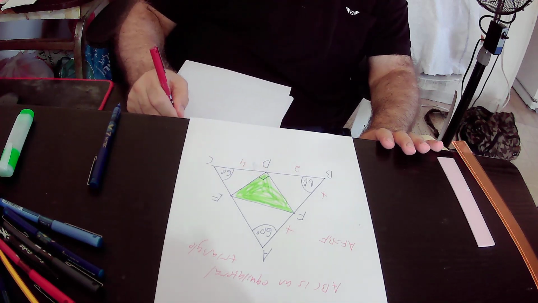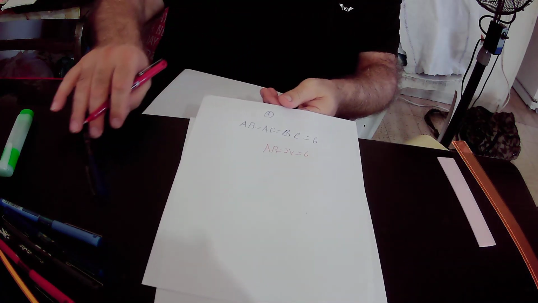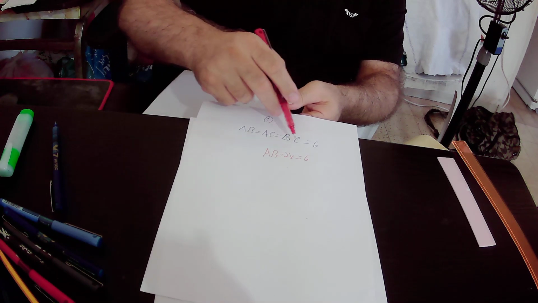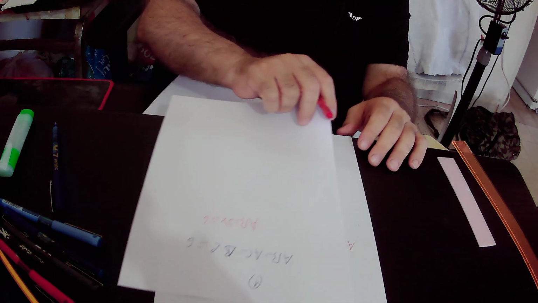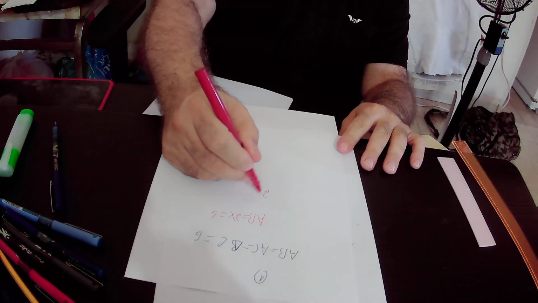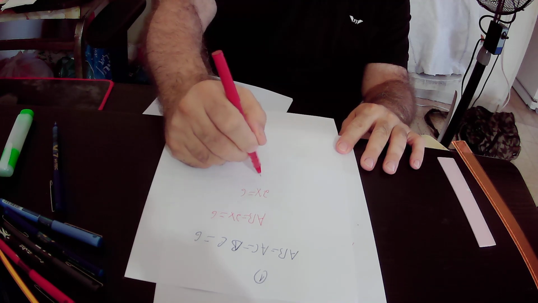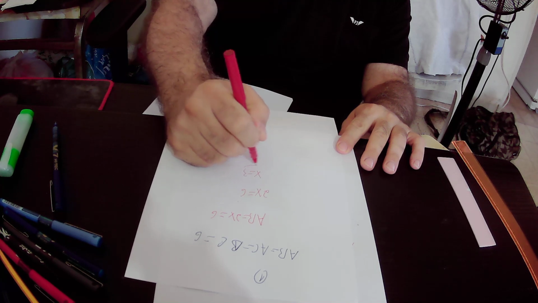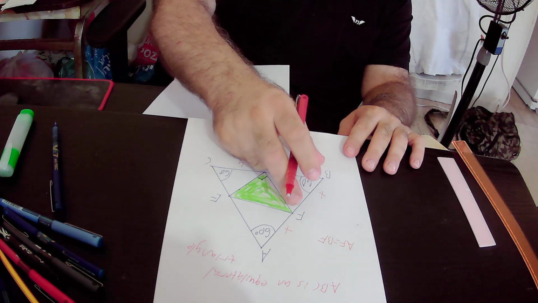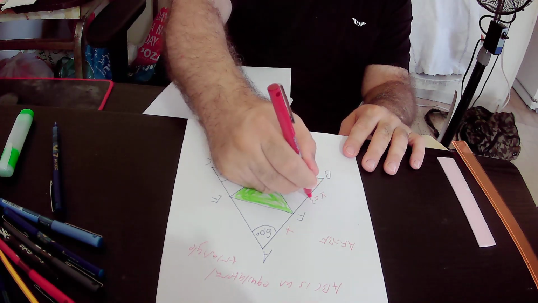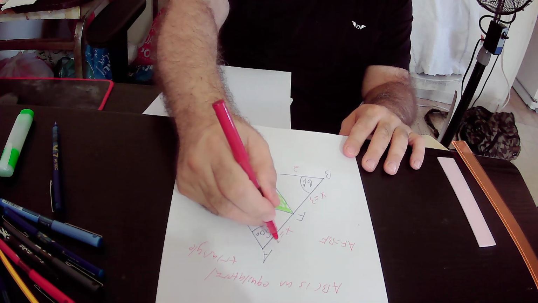So we got the equality that 2x equals 6 units, and if we divide by 2, we get that x equals 3 units. That is to say, BF equals 3 units, and also AF equals x equals 3 units.